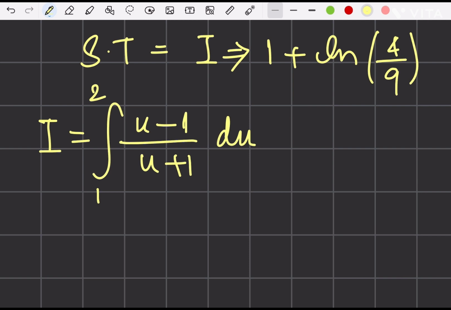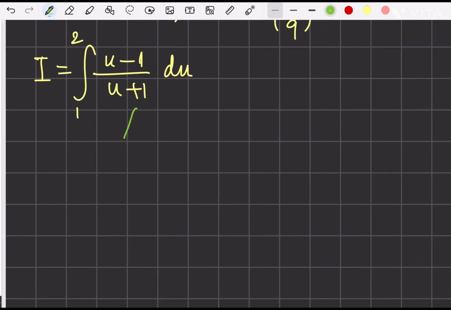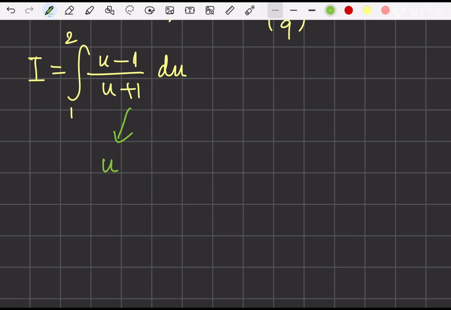Now to integrate this, the first thing I can do is simplify this further. That means I'll have to break this down. So for breaking this down, instead of just writing u minus 1 over u plus 1, I can make the numerator and denominator the same. How? See.